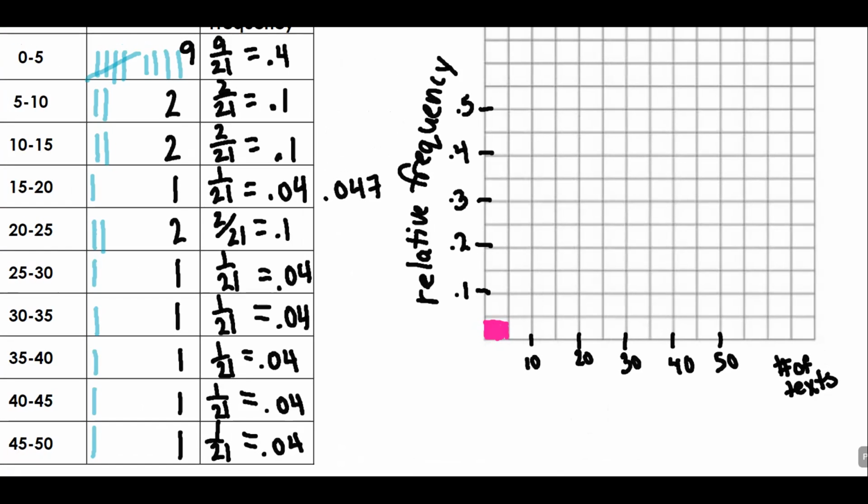Oh, sorry, 0.4, not 0.04. 0.4 all the way up to here. And the next one from 5 to 10 is going to be a 0.1.